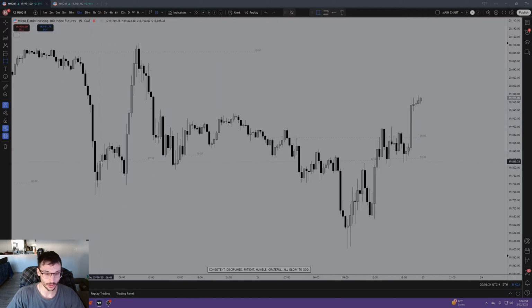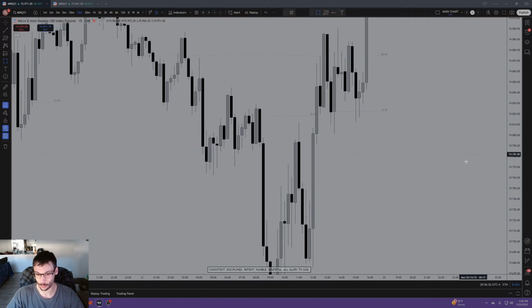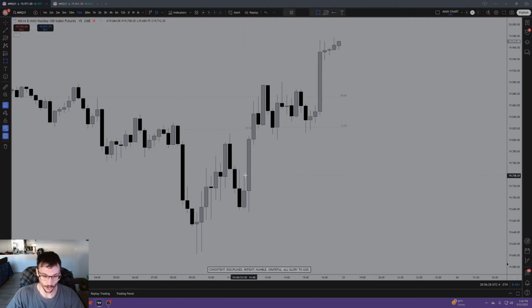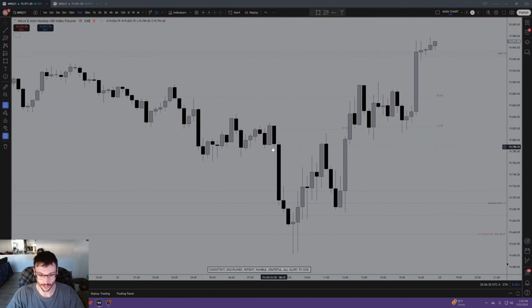If we zoom in even more, okay? So if you go to the middle of the screen, you see how this wick right here, and I guess you need to know how candles form. All candles are going to be OHLC.